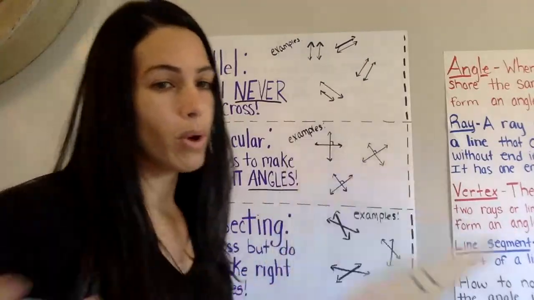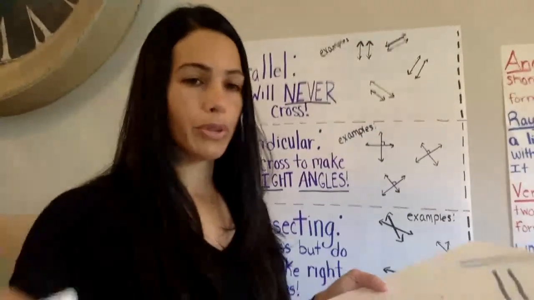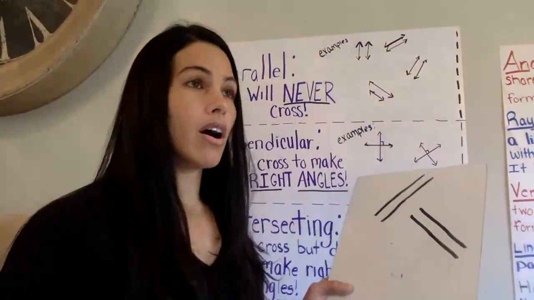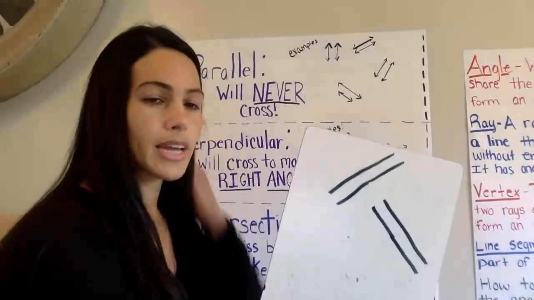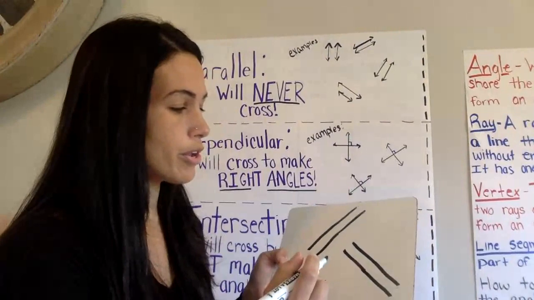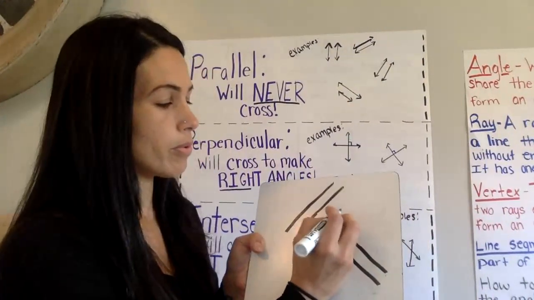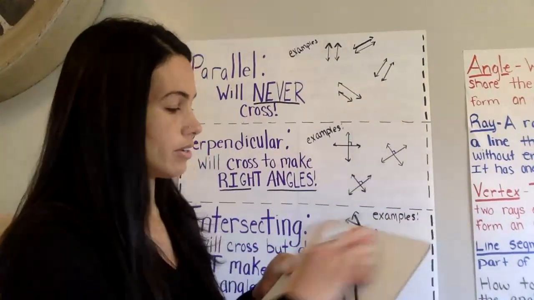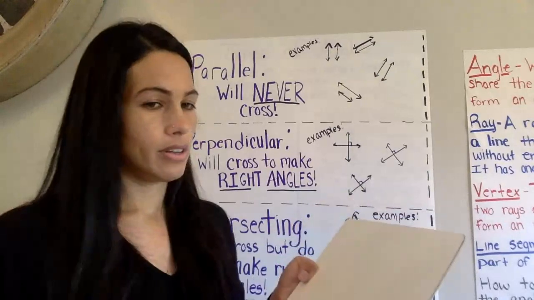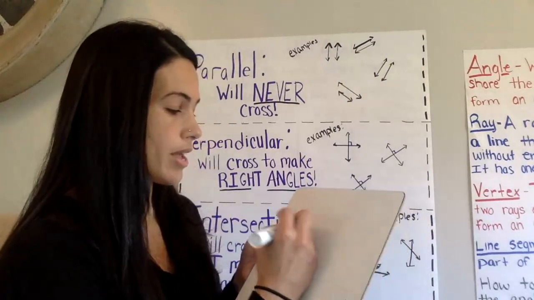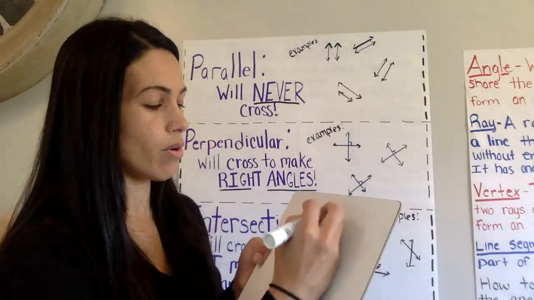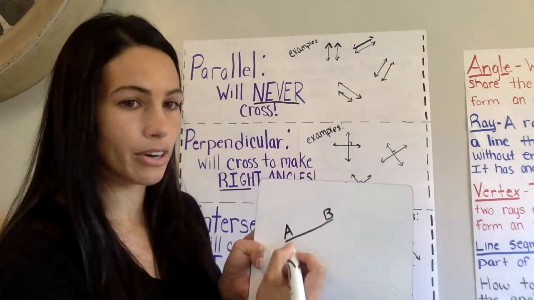Now, one thing that I would have taught you if you were in the classroom is how to write these. I probably won't ask you how to do that in today's assignment, but I want to show you. So let's think back to when we were learning angles and they all had letters on them.